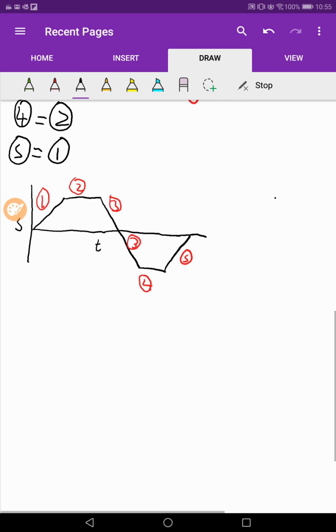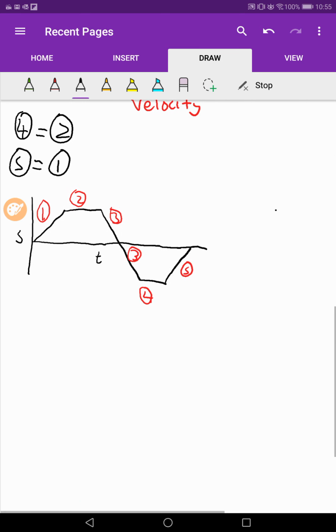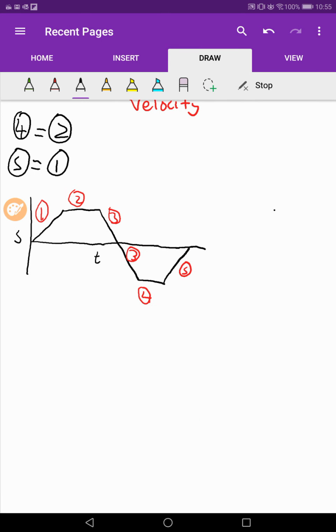So that was our original displacement graph from above, and now I'm going to draw what the equivalent velocity time graph would look like with all those different sections. So I'm just going to make sure I line it up properly, so that's where we went through the middle. So we started off at section 1 at constant positive velocity.